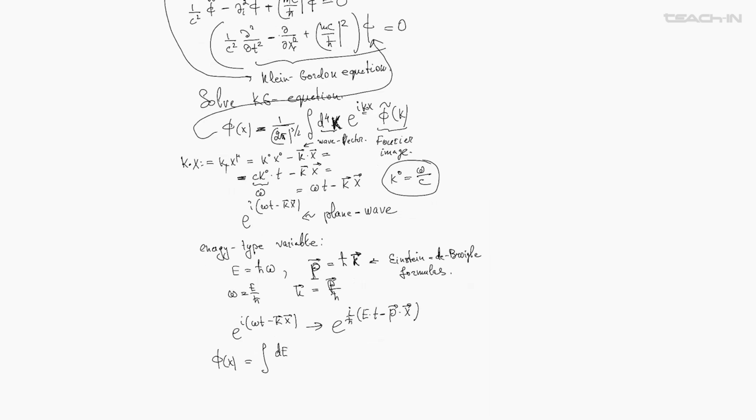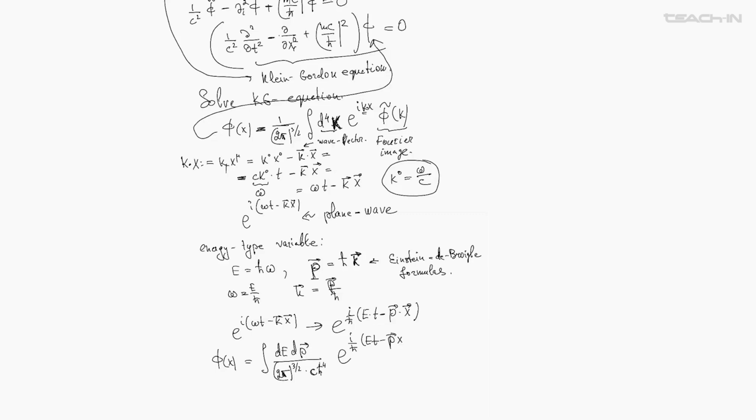Because of this change of variables from k to energy and p, you will have an additional contribution of the type C. If I'm not mistaken, please check me, C h bar to the power 4, exponential i over h bar, Et minus px, multiplied by phi tilde of k.